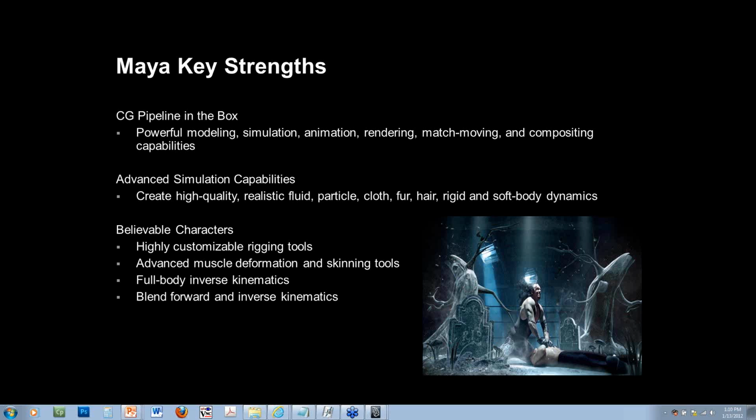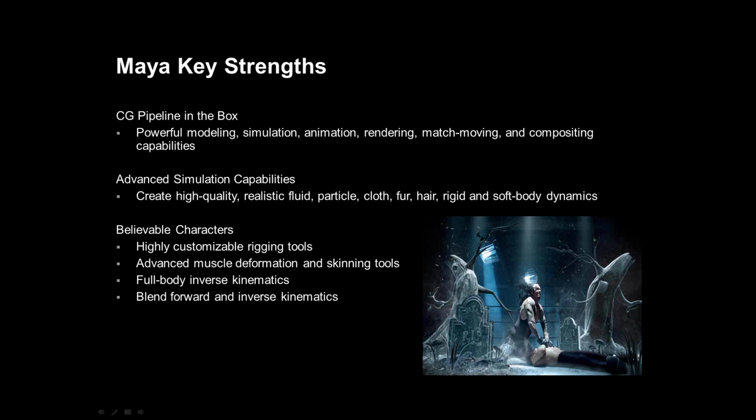You can compare it to other high-end applications like 3ds Max and Softimage, but Maya has always been recognized because it has this simulation tool that allows you to do very realistic effects like rain, snow, hair moving and so forth. And again, it's been used quite a bit in movies, but it can be used for anything that you animate, really. And the fluid effects are actually one of the things that has been enhanced in the latest version, including something new called Nucleus, which I'll explain in a little bit.